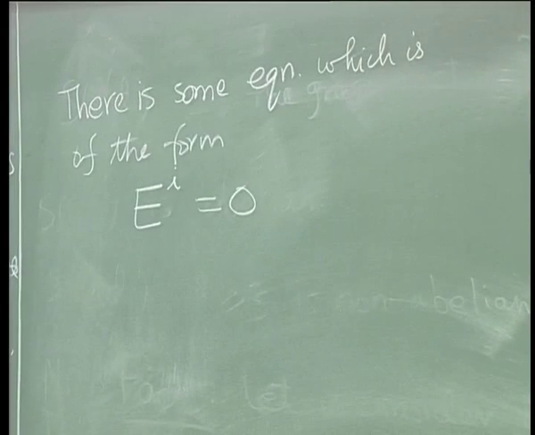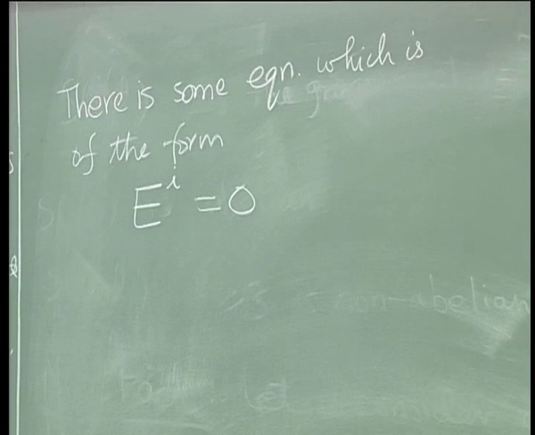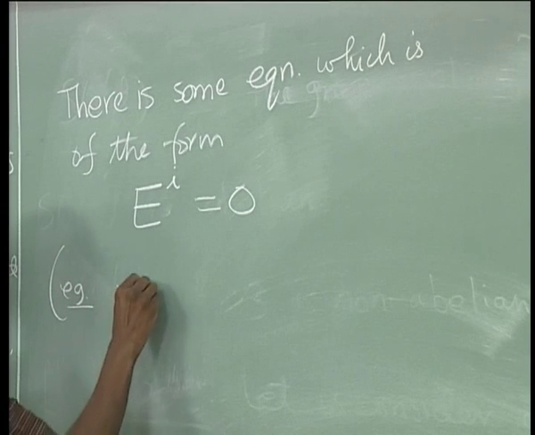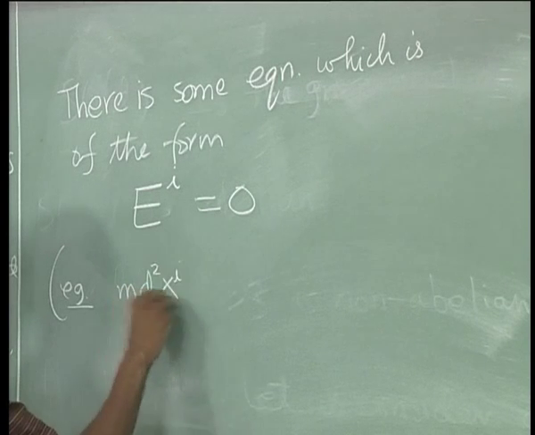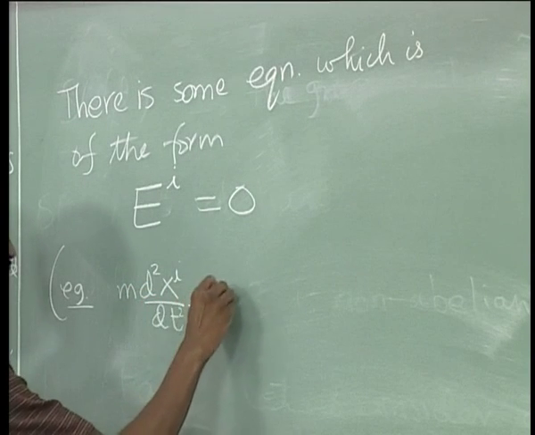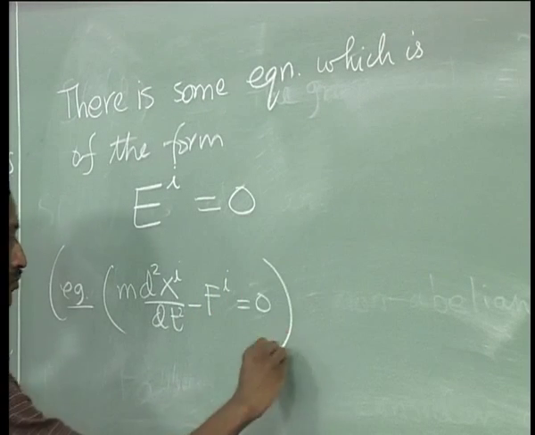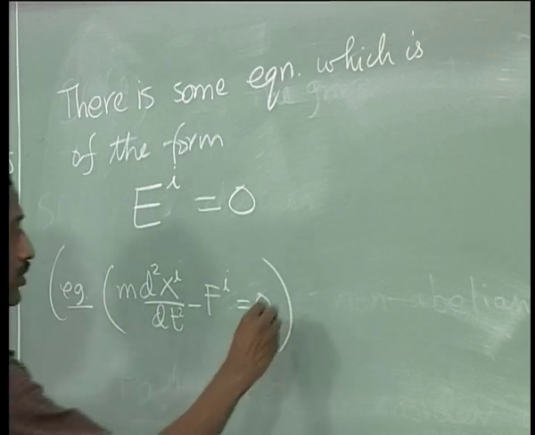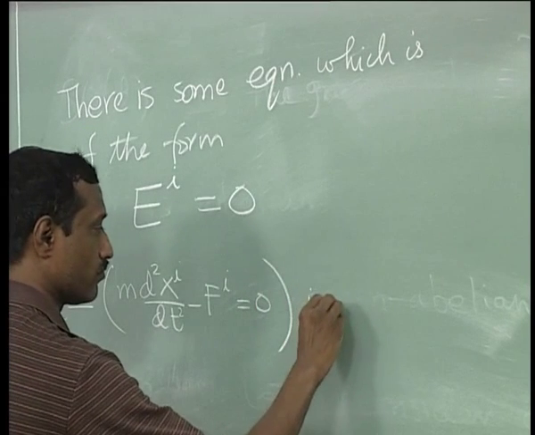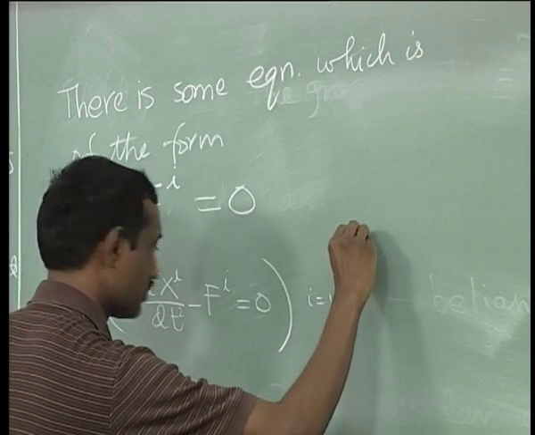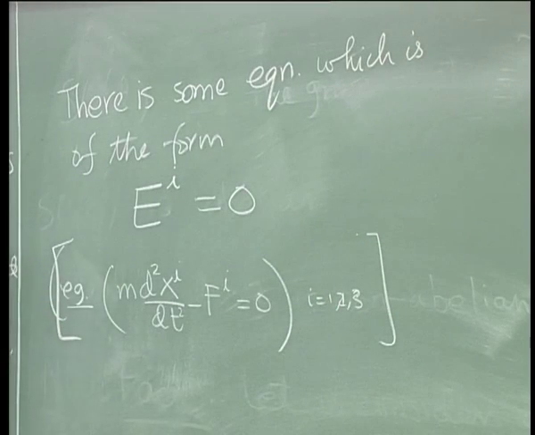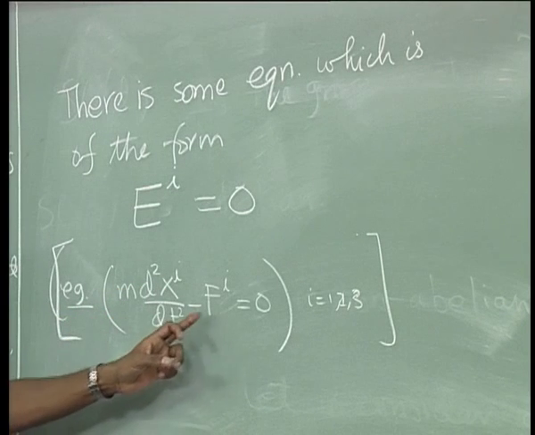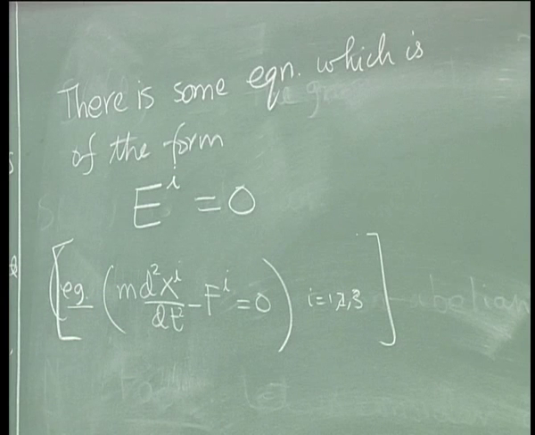So, it is a bunch of d equations, each of which is a vector. So, just as an example would be something like this. I have written Newton's laws by taking F_i to the other side for i equal to 1 to 3. This would be an example of, so E1 would be m d squared x1 by dt squared minus F1, E2 would be so on and so forth.